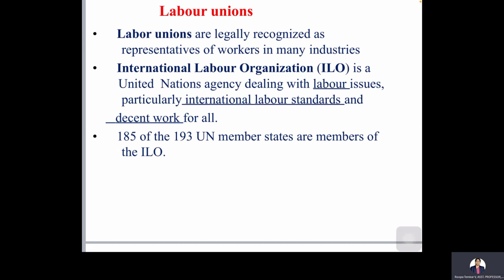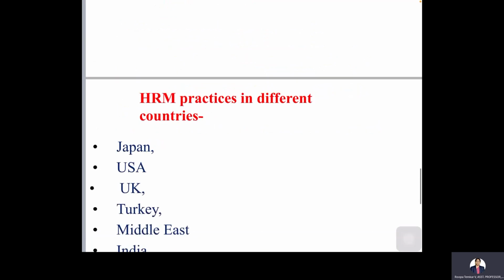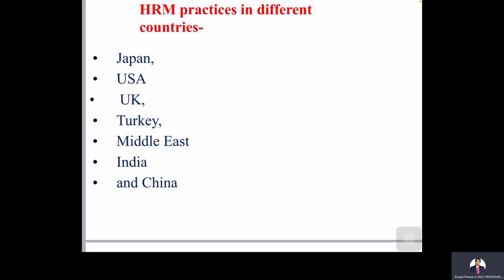So such compensation practices vary in different countries. Again, we need to understand how these compensation practices vary in different countries like Japan, USA, UK, Turkey, Middle East, India, and China.